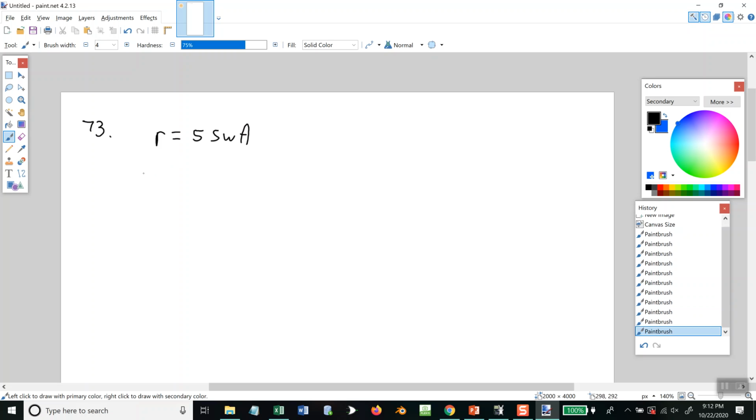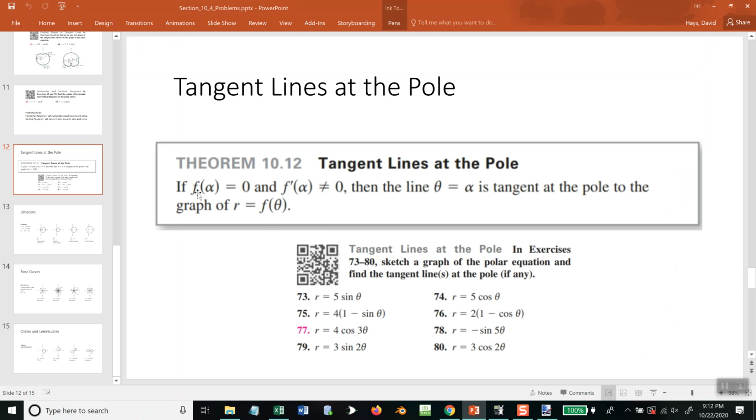Keep in mind, r is f of theta. Now, what do you think they mean by f of alpha is equal to 0? Where in the world does alpha come from? Right.